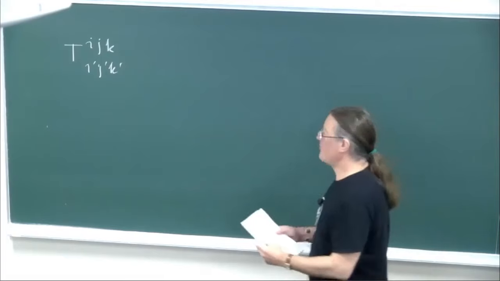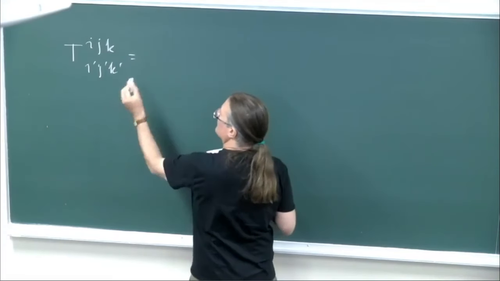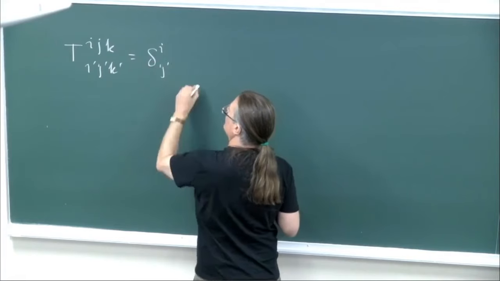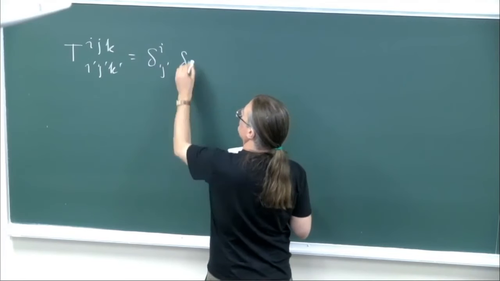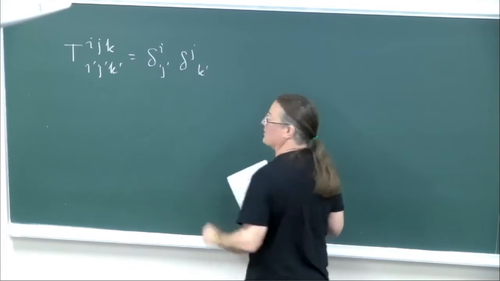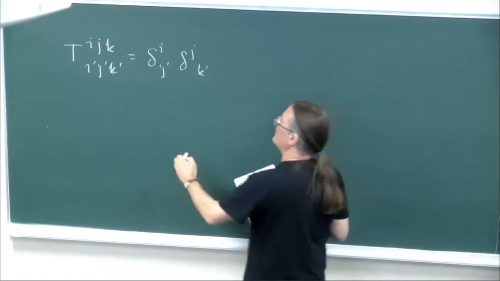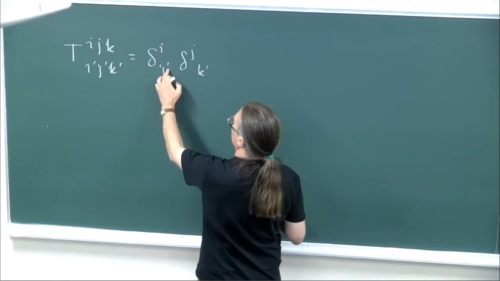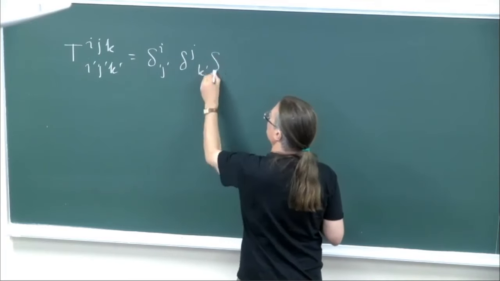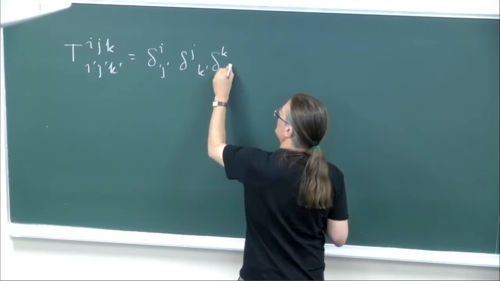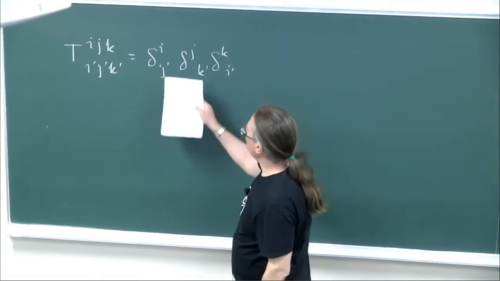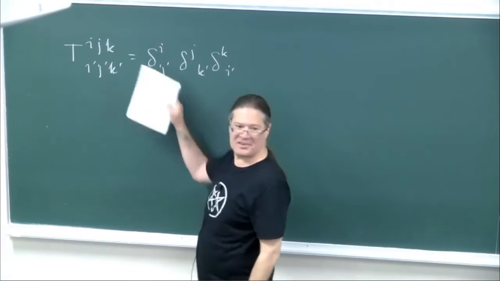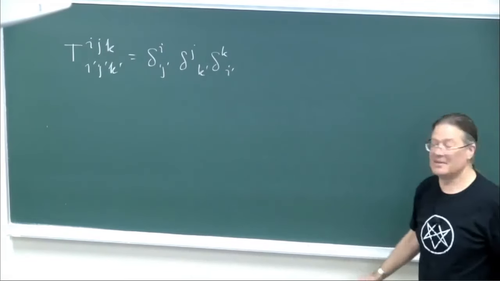And here is the particular tensor that I'm referring to. These things are Kronecker delta functions, or really they're identity matrices. Each one of these is 1 if these two indices are the same, and 0 otherwise. And note this is ij prime, jk prime, ki prime, so there's a funny cyclic thing going on here.